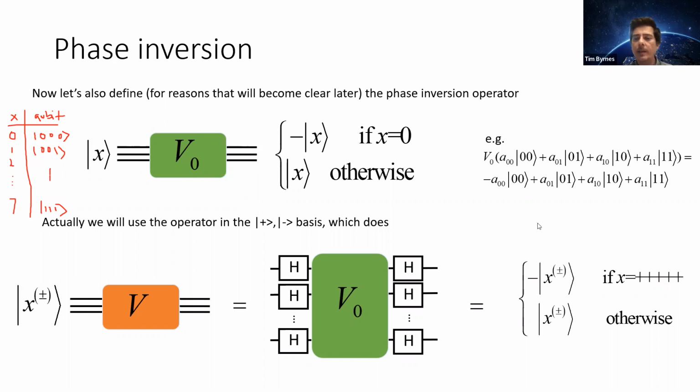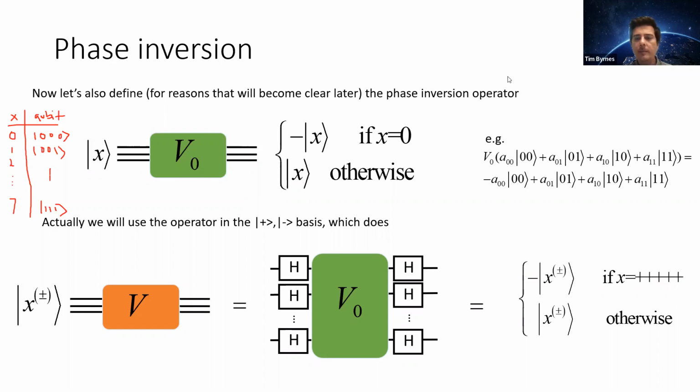For example, here's a 2-qubit example. Given an arbitrary superposition state of 2 qubits, 0, 0, 0, 1, 1, 0, 1, 1, what V0 does is flip the sign of the 0, 0 state. So there's a minus sign. Now, so that's V0.